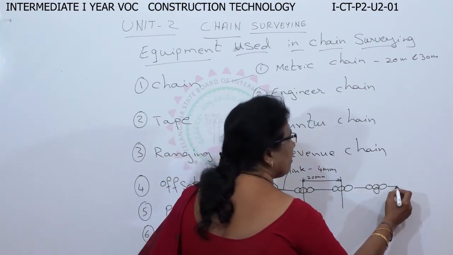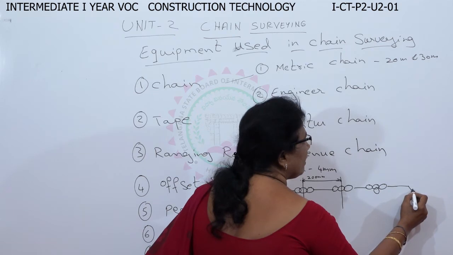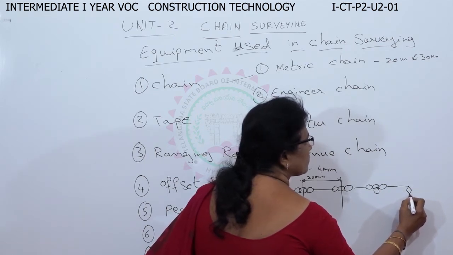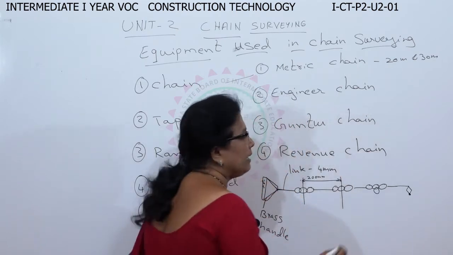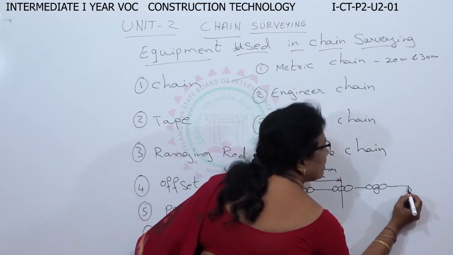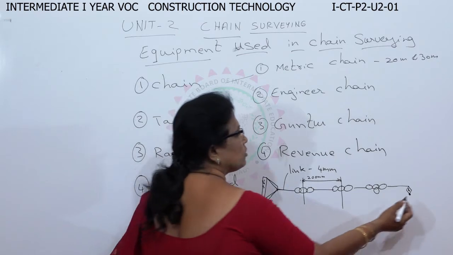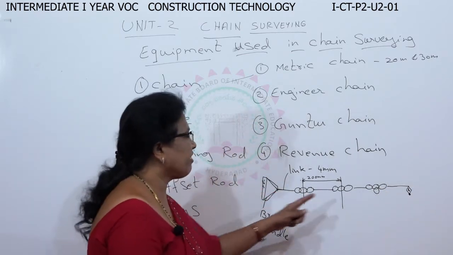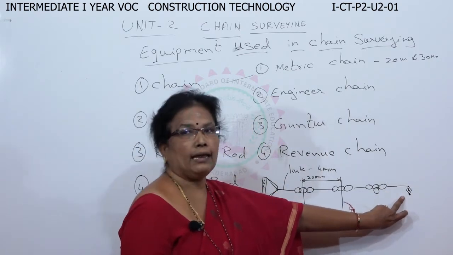And for every 5 meters, you will have a tally over which it is marked 5 meters. This is also made of brass. For every 5 meters, you have a tally.